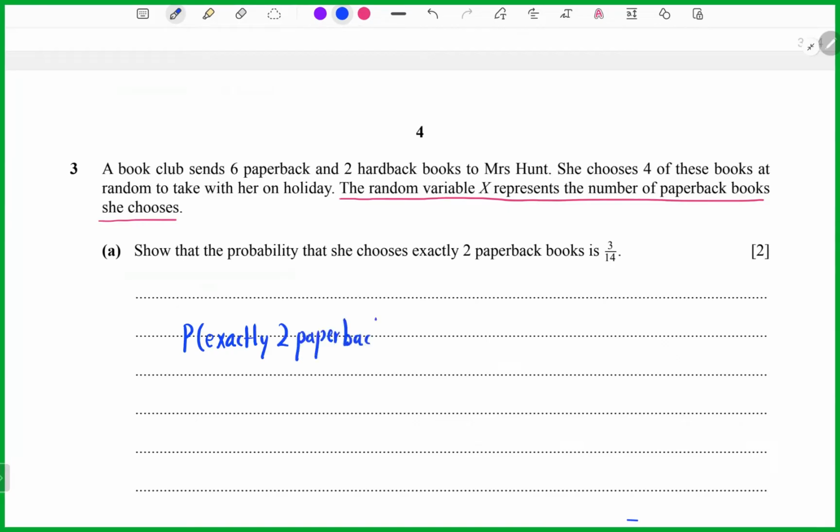Now for the total, because we have 8 books, 6 paperback and 2 hardback, but I just choose 4 books only, we can write the total here as 8C4 for this probability. Now for this part, because she just takes 2 paperbacks, we can take 6C2.